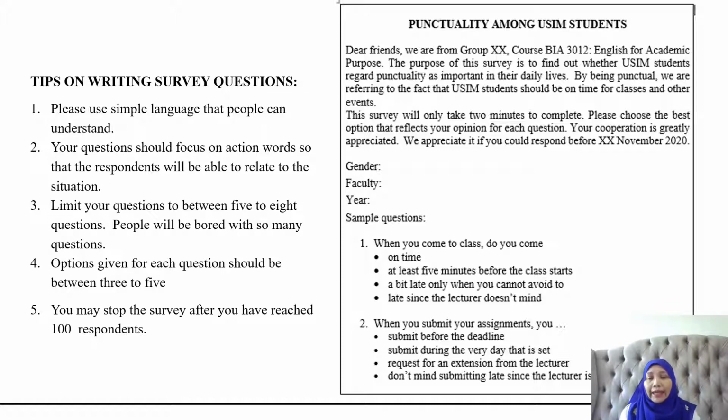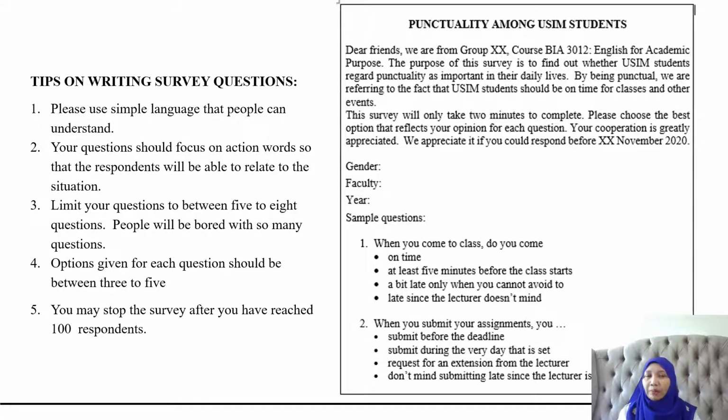In your survey, never ever do a question that is so direct, like what do you think is the factor that causes students to come late to class? Oh my god, don't give me that kind of question, because it doesn't reflect on your action.